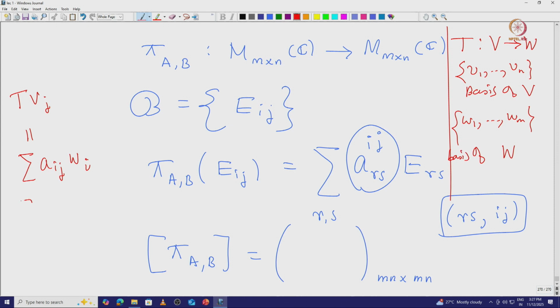Then you can write down the matrix of T with respect to these bases as this a_ij.